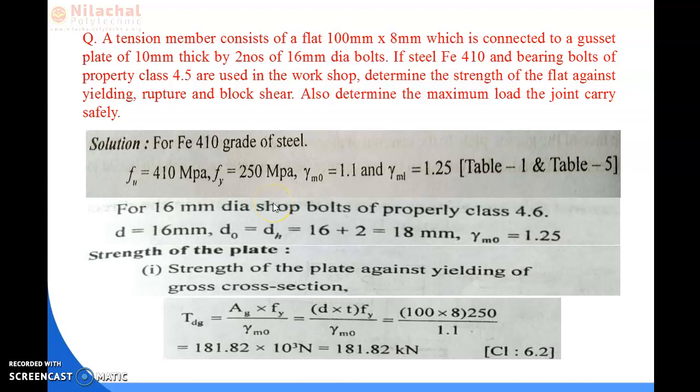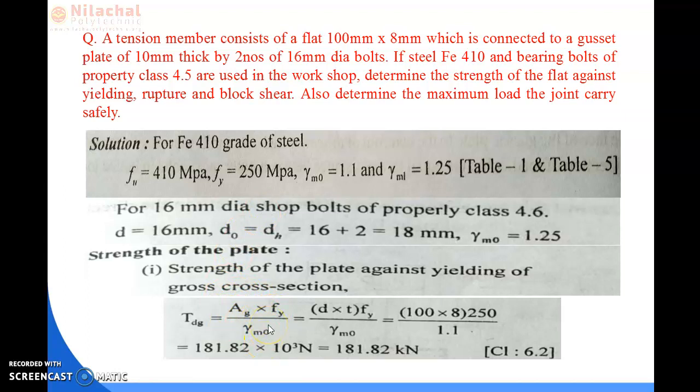In the code book, page number 33, the formula is Pdg equal to Ag into Fy divided by gamma m0.